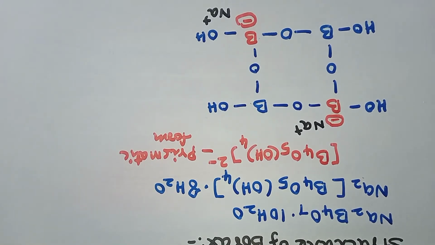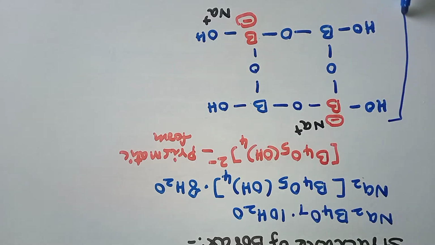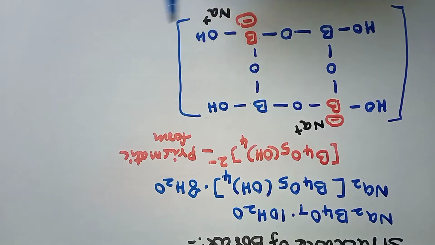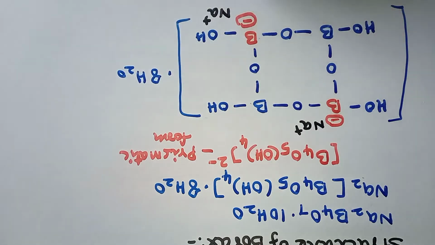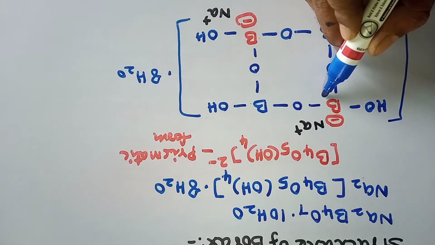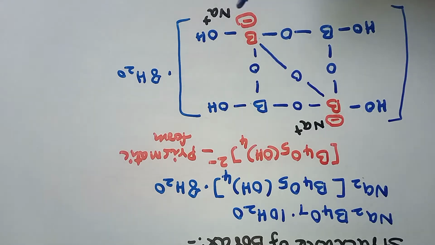The whole structure is present along with 8H2O. This is the structure of borax. Here, this boron, here one bond is also present. Okay, this is the structure of borax.